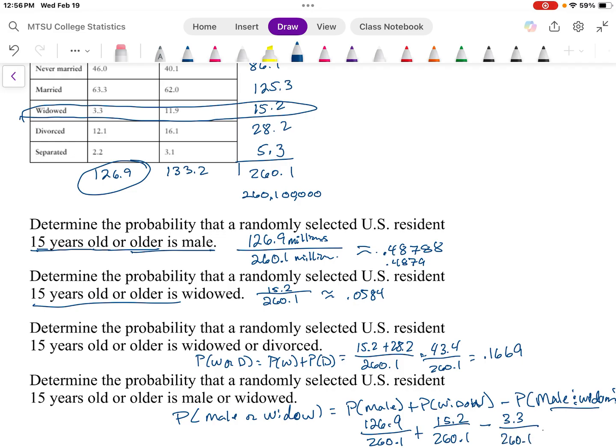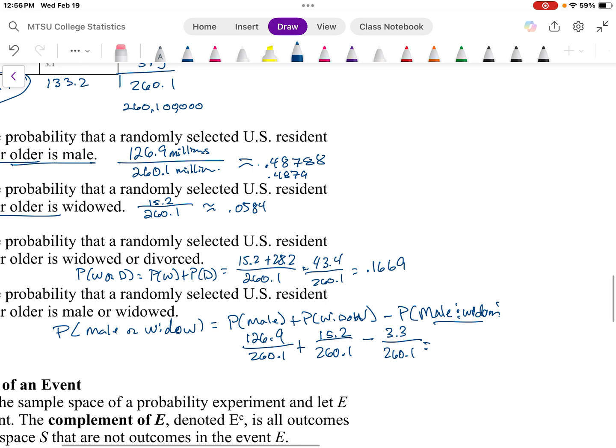And now I can go ahead and do the math. 126.9 plus 15.2 minus the 3.3 overlap gives me 138.8 out of 260.1. And that is approximately 0.5336.